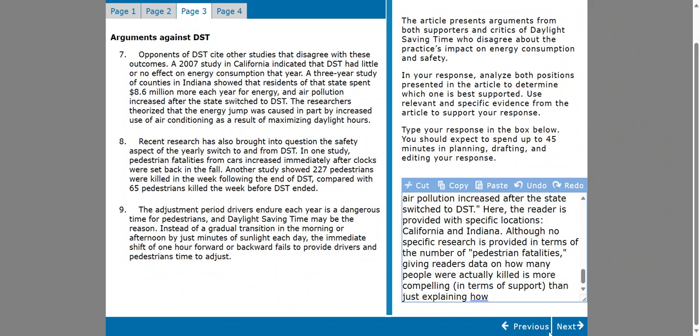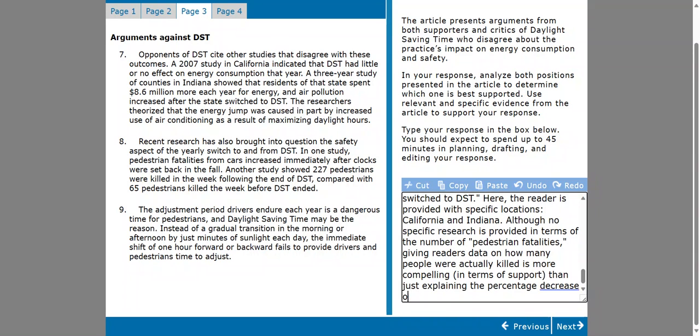Than just explaining the percentage decrease of crashes involving pedestrians. So let's look at that one more time, writers?